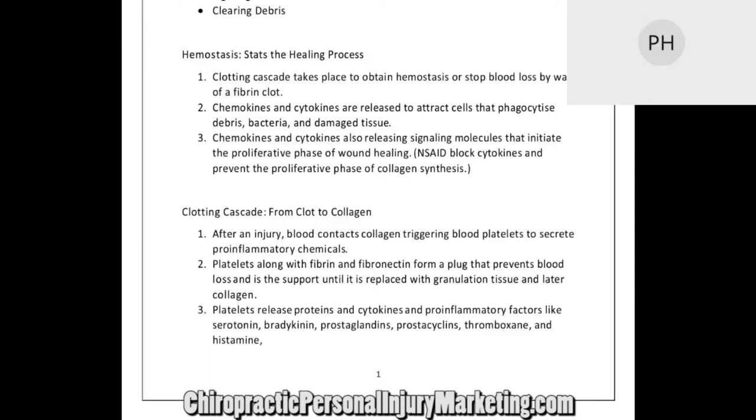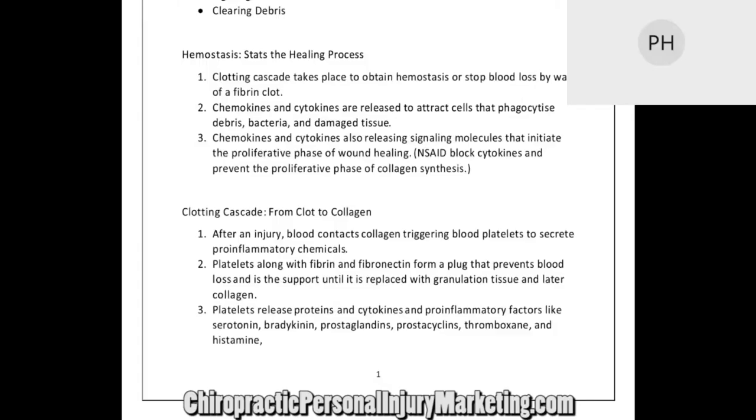After an injury, blood contacts collagen, triggering blood platelets to secrete pro-inflammatory chemicals. Platelets along with fibrin and fibronectin form a plug that prevents blood loss and is the support until it is replaced with granulation tissue and later collagen. So granulation tissue is the precursor to the collagen.